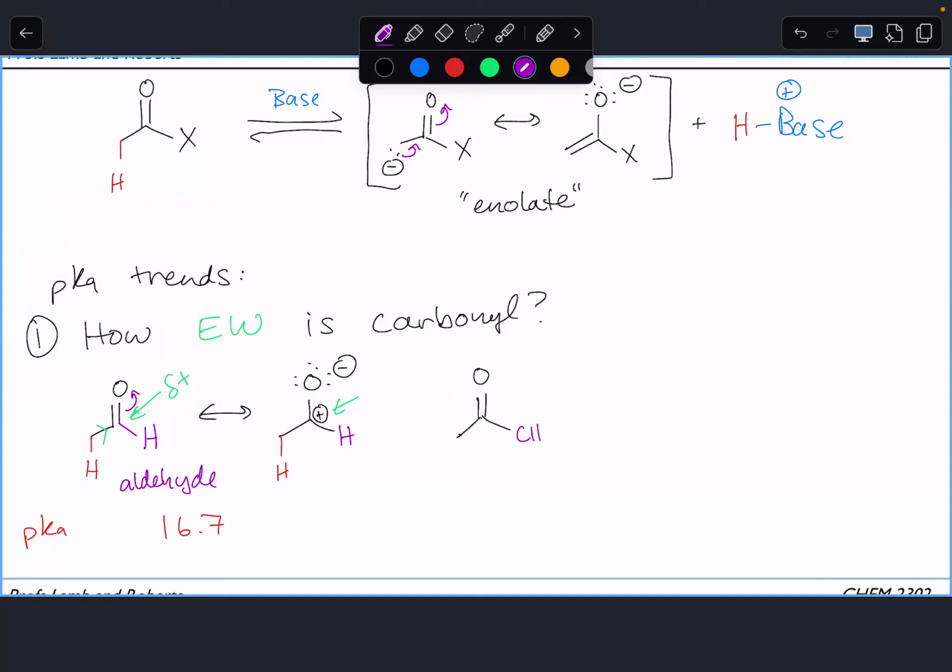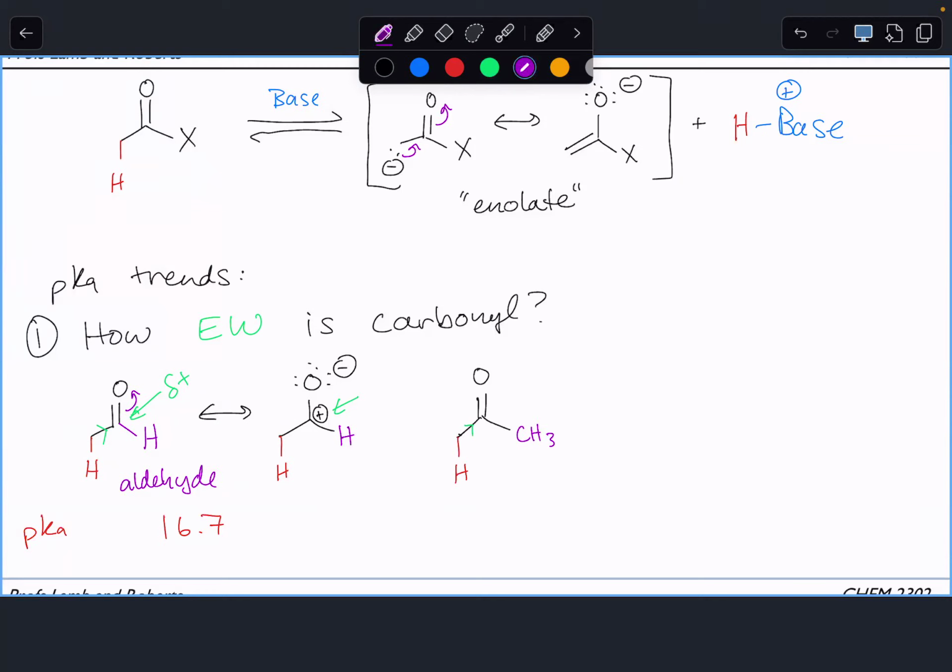Okay, so now again, acetone, we have CH3. We're still talking about this alpha proton over here. So the carbonyl is still pulling electron density away, right? But on the other side of the carbonyl, we have a methyl instead of a hydrogen, right? And alkyl groups are very slightly donating.